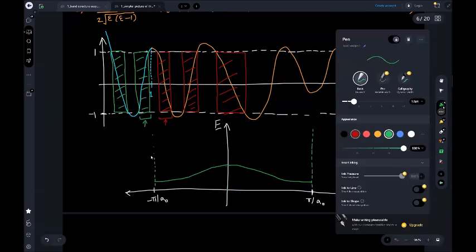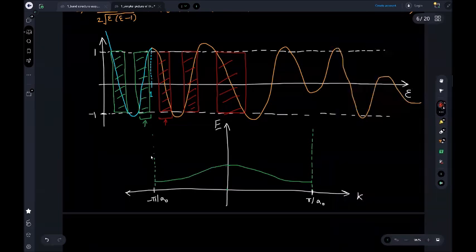And similarly, the band which is just above this, that is in red. The same thing happens at K equals 0. The energy is actually low this time, and as K goes from 0 to pi over a naught, that is cosine equals minus 1, the energy increases. So this will look something like this. Same on the negative side.